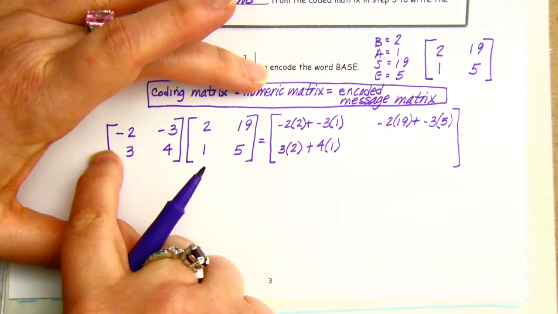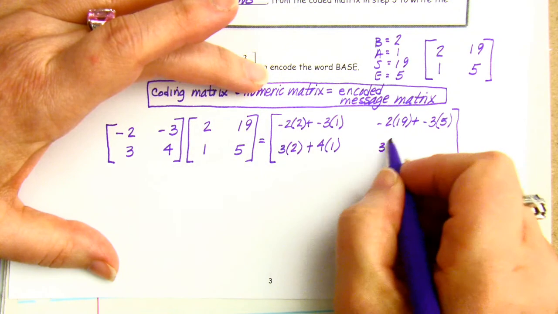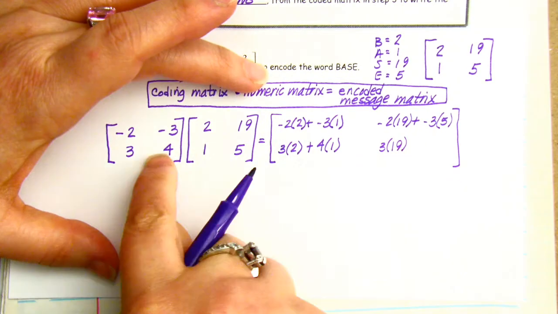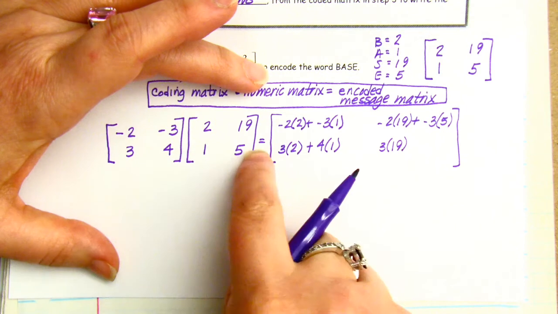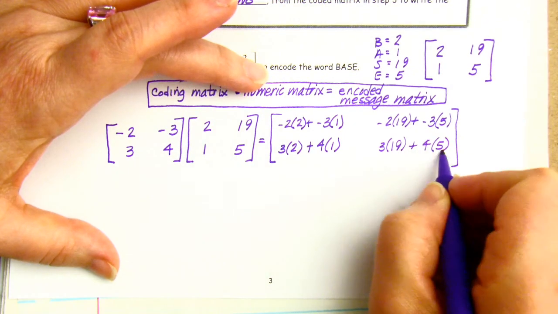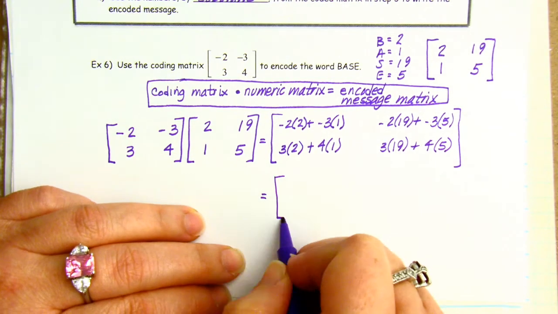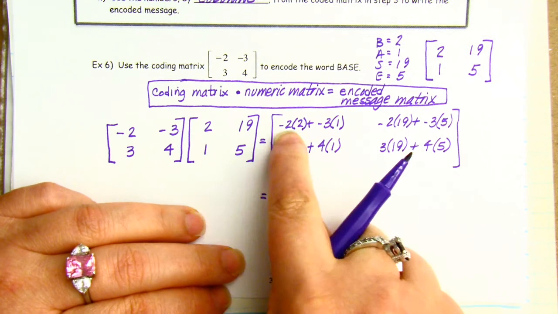And row 2 with column 2, 3 times 19, 4 times 5. You can get a calculator. It's -4, -3.